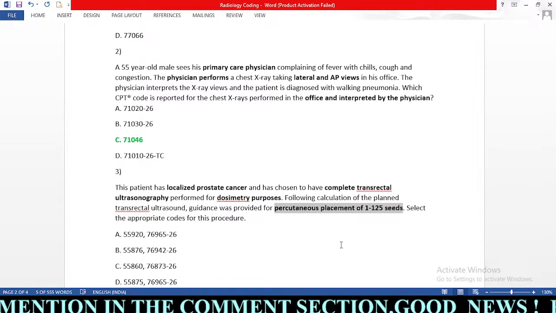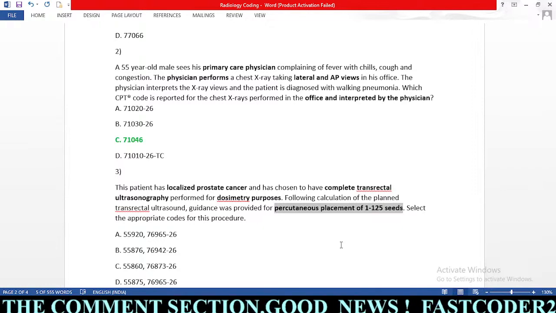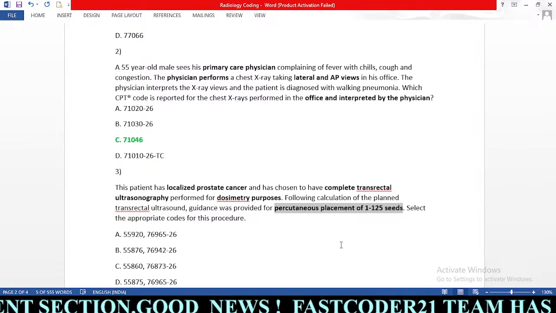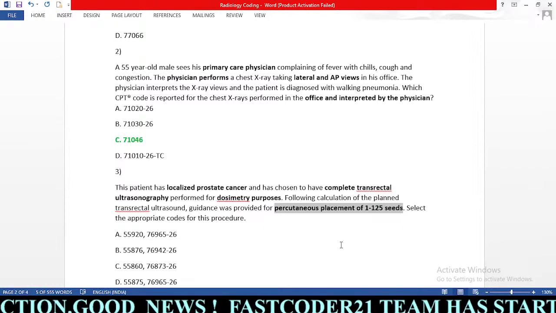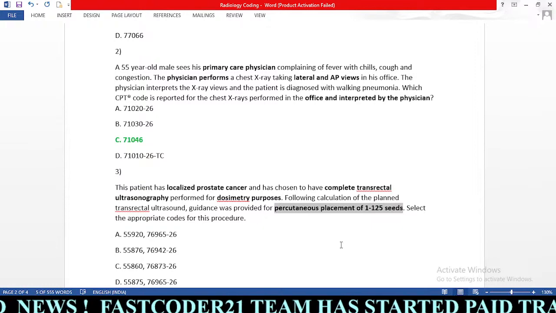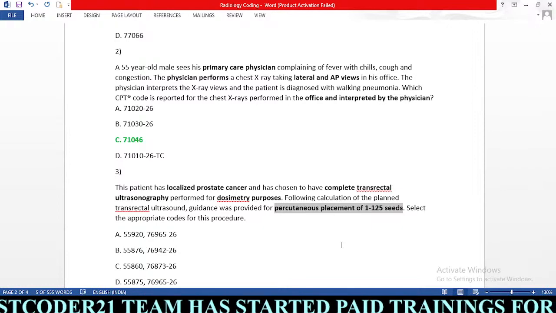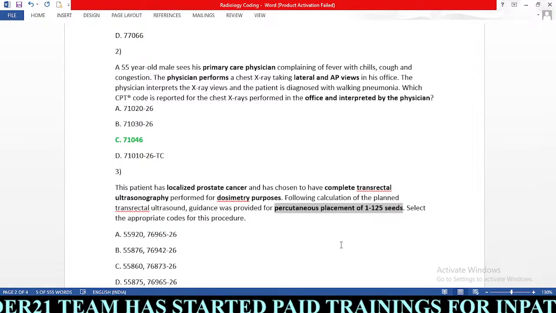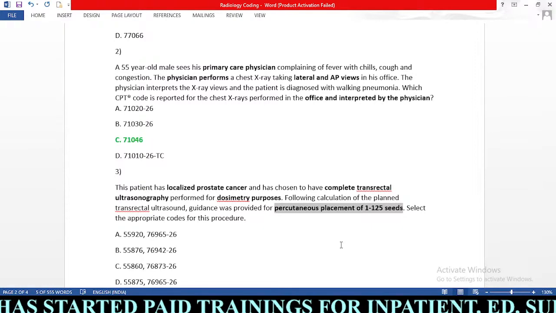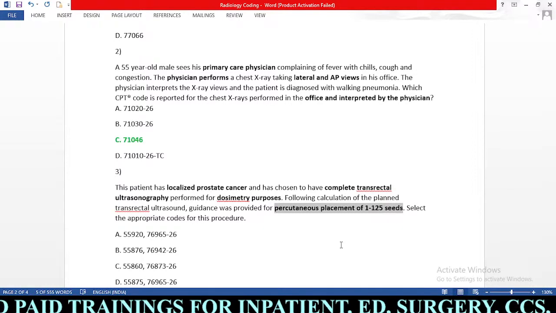Clearly here the physician mentioned it is a percutaneous placement. So we need to check the remaining two answers also. We will check 55876: placement of interstitial device for radiation therapy guidance, fiducial markers, dosimeter, prostate, single or multiple. We will compare 76 and 75. 55875 is transperineal placement of needles or catheter into prostate for interstitial radio element application, with or without cystoscopy.